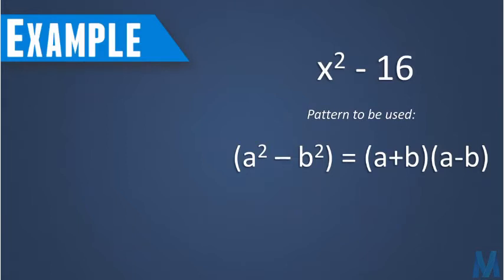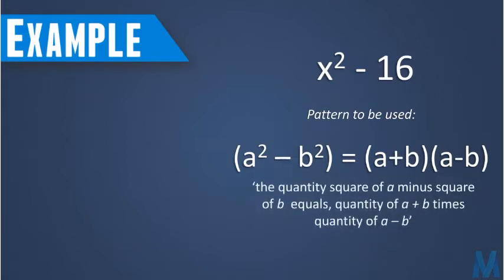Now, if we're going to translate that in a mathematical sentence, that is the square of a minus the square of b equals the quantity a plus b times the quantity a minus b. Okay, we are going to investigate this pattern.